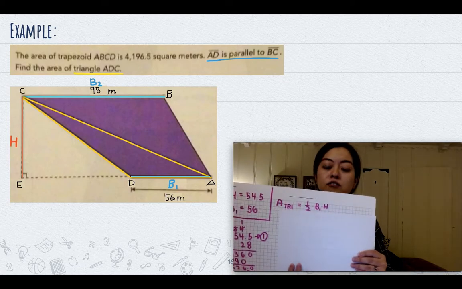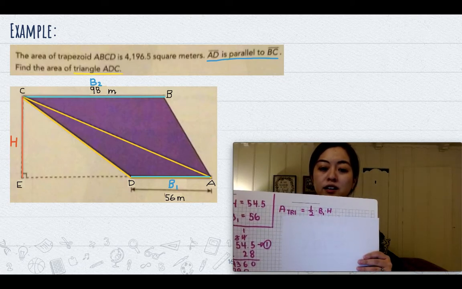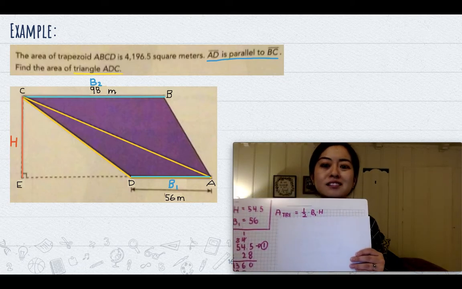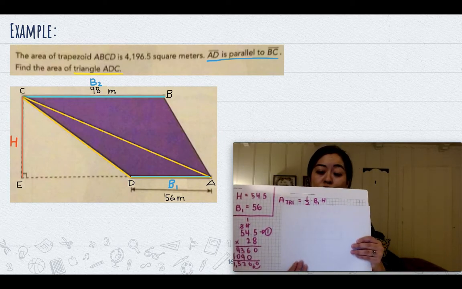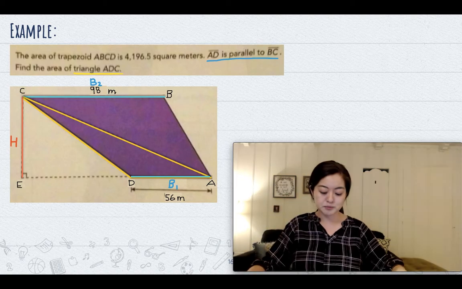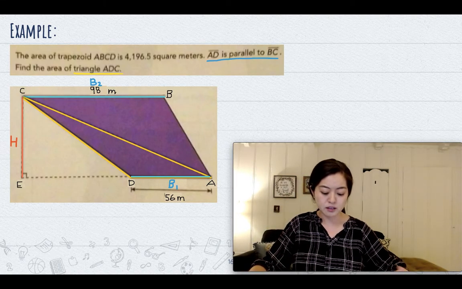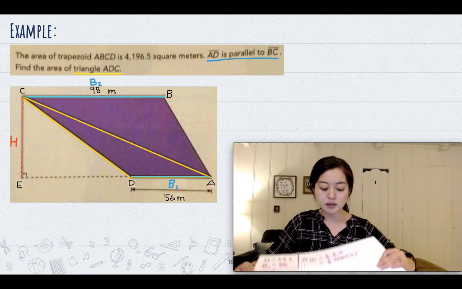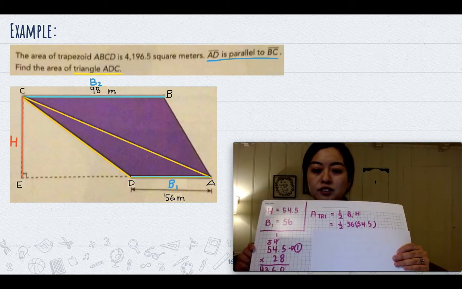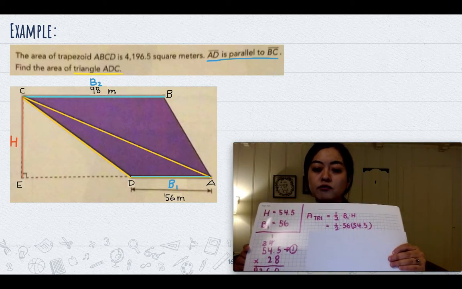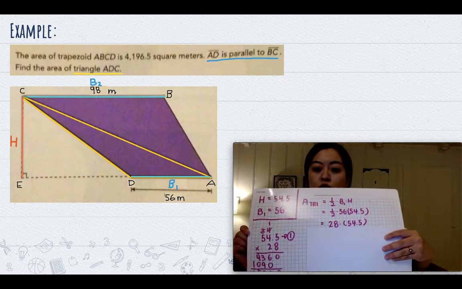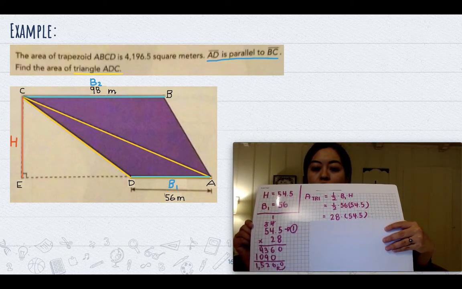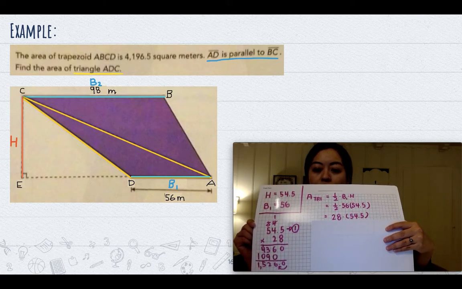So the area of my triangle is 1/2 times its base, in this case base is labeled as B1, times the height. And I know those values. So I'm going to plug it in. Okay. And that becomes 1/2 times 56 times 54.5. And half of 56 is 28. So that becomes 28 times 54.5.